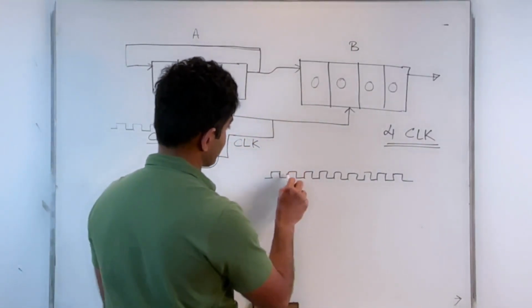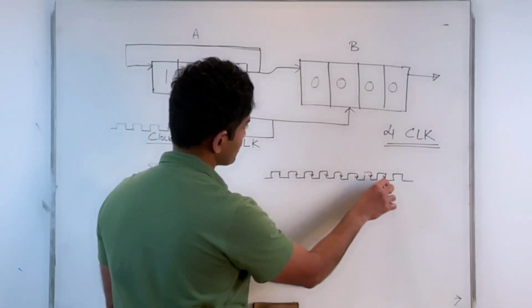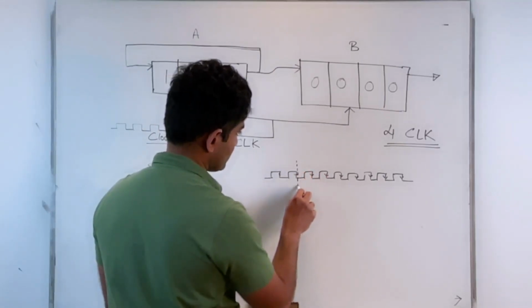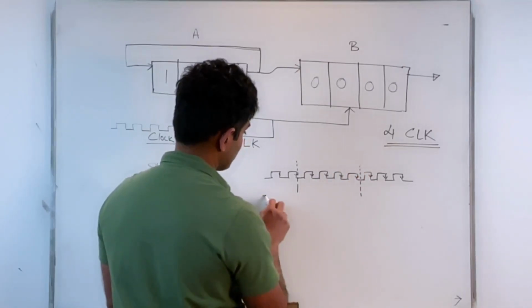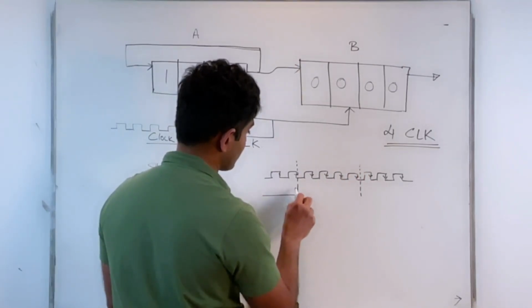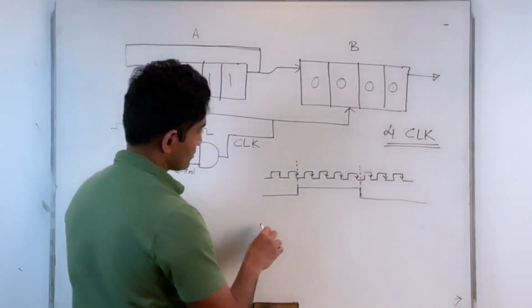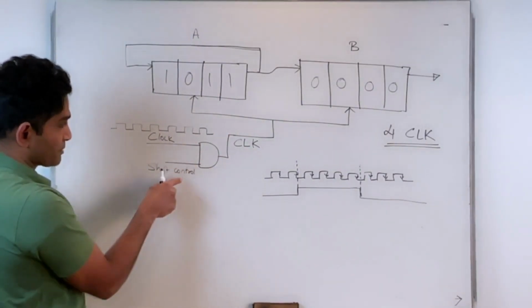So let's say again, these are all negative edge triggered flip-flops. One, two, three, four. So I design my timing signal so that it's on for 4 clock pulses. Now, this is an AND gate. It's an AND gate between this clock and the shift control.